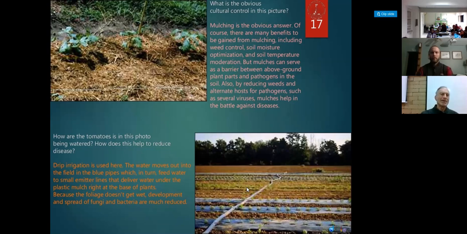They go from one season to the next in the soil, and the rainwater can cause the soil to splash up onto the leaves and infect the leaves with the pathogens that way. So mulch will prevent that. The bottom right corner is looking at drip irrigation to minimize disease.